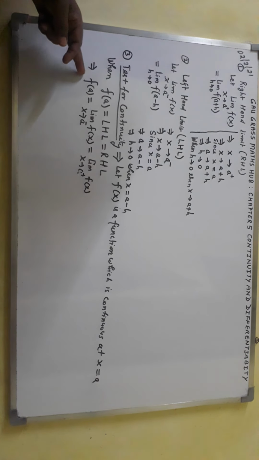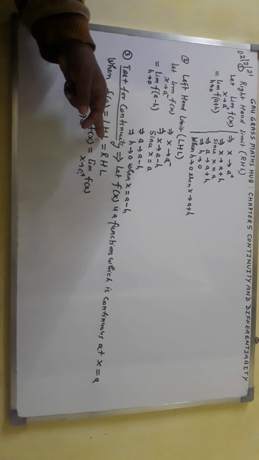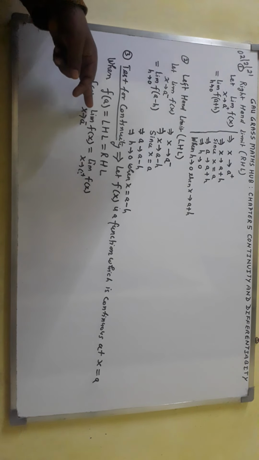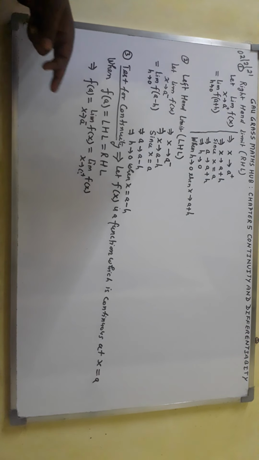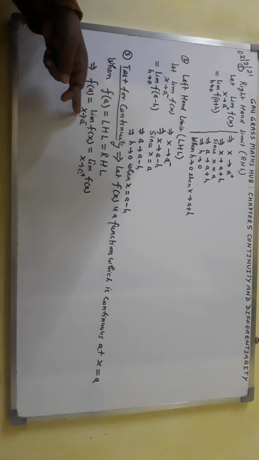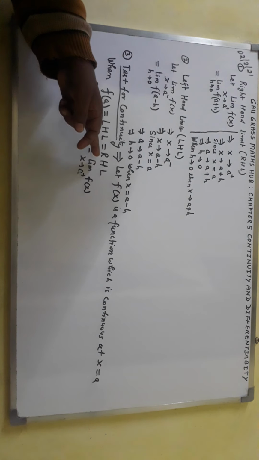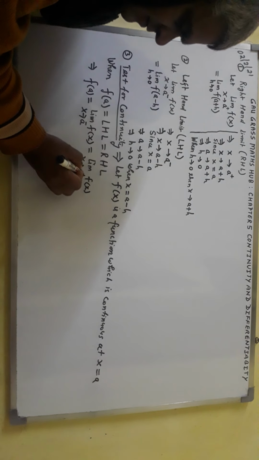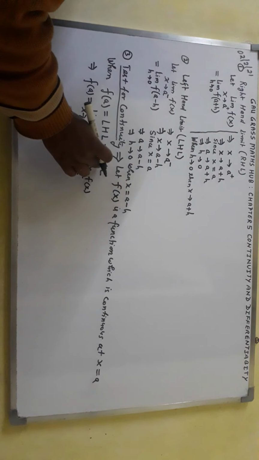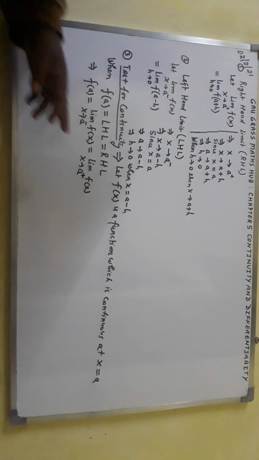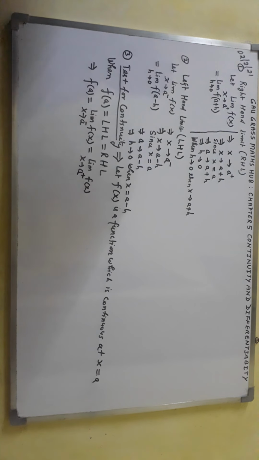That is, f(a) equal to lim x tends to a negative f(x) for left hand limit, equal to lim x tends to a positive f(x) for right hand limit. These are some basic concepts you must remember.